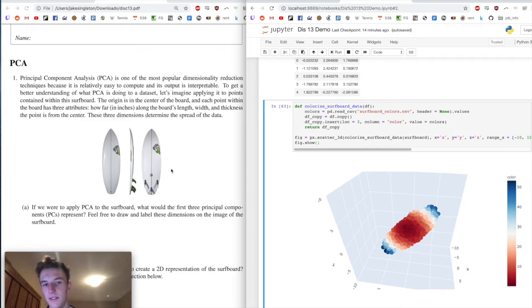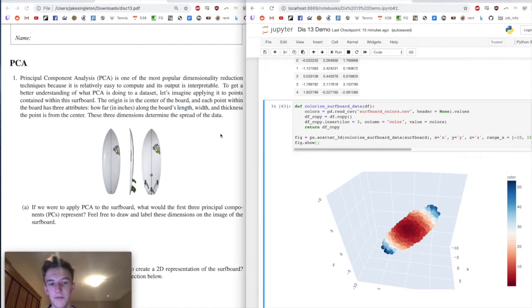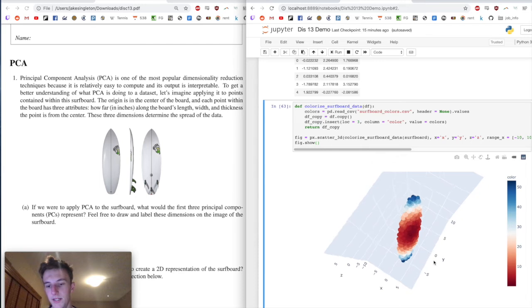I know I threw this in, but it is important that the principal component directions are all orthogonal to each other. That's important because it's how we define the axes of the coordinate system of a smaller dimension than the original dimension. We've chosen length to be our first one, width to be our second, and we're only left with one more, which is the thickness. This is pretty clear.